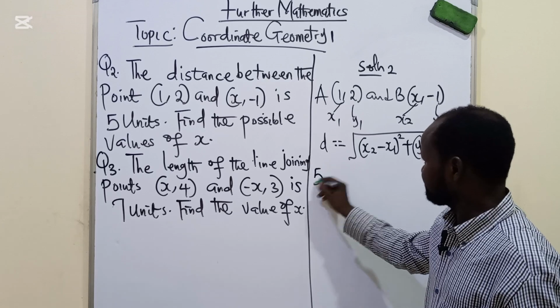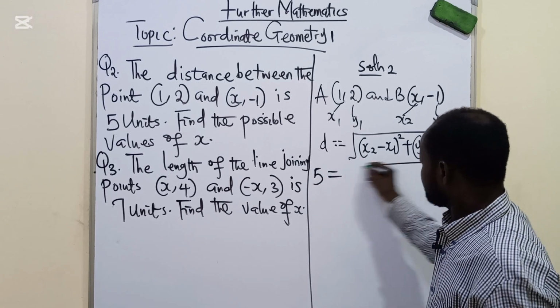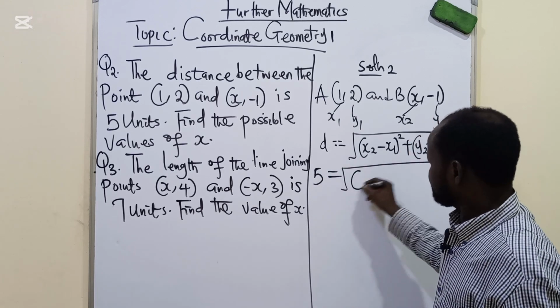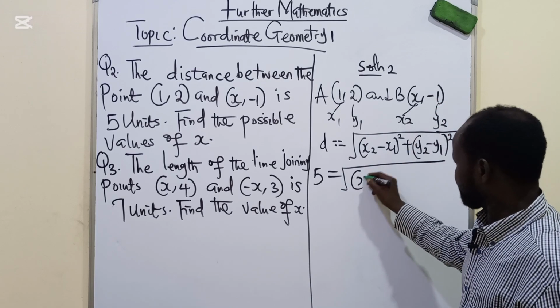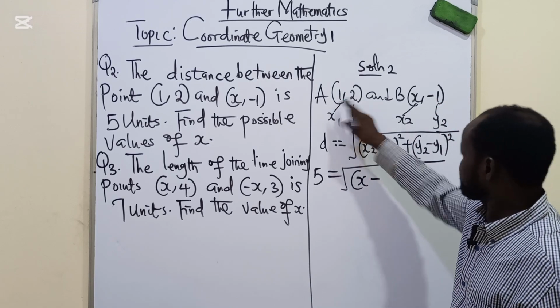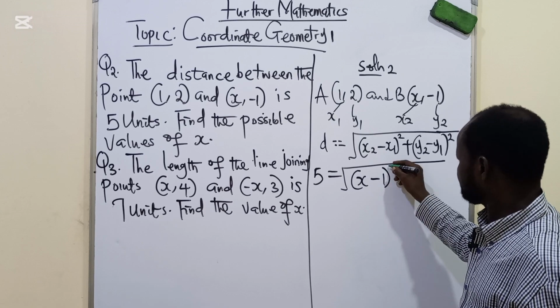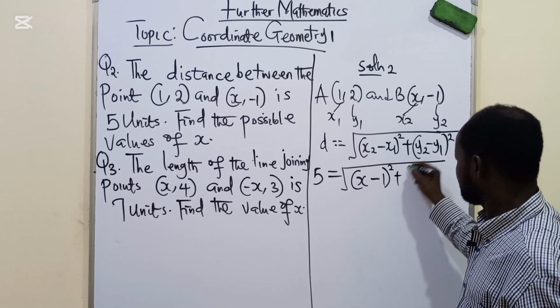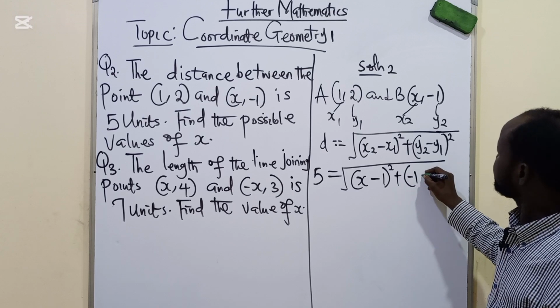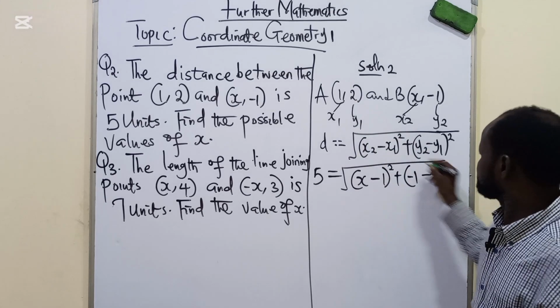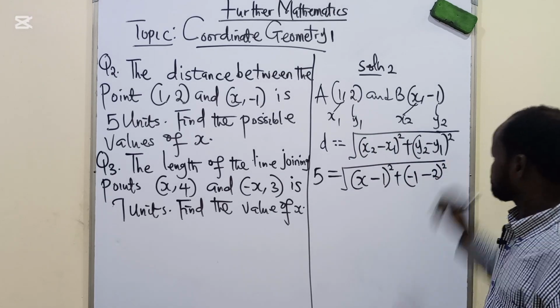This will now be 5 equals the square root of (x minus 1) all squared, plus (-1 minus 2) all squared.